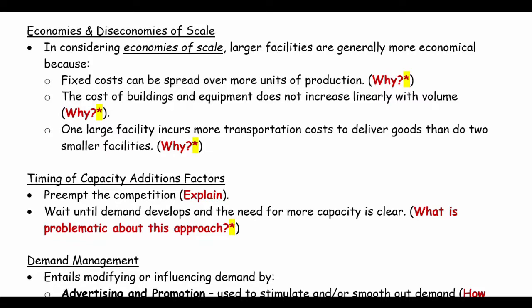Now, let's say your forecasts give a strong indication that you need to start producing 105 units a day. 105 units over 100.